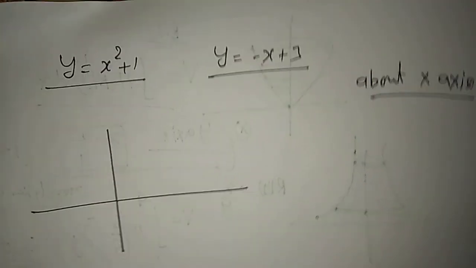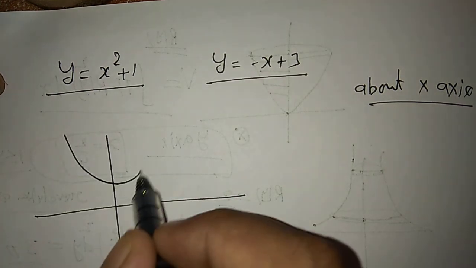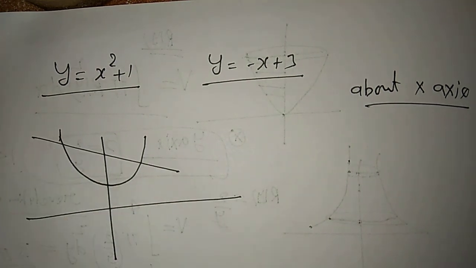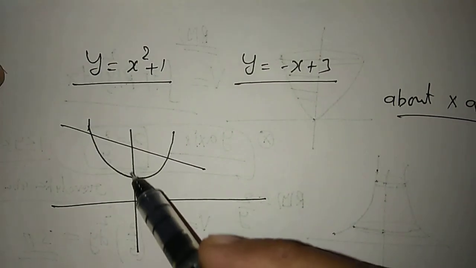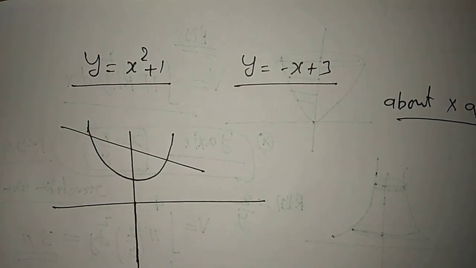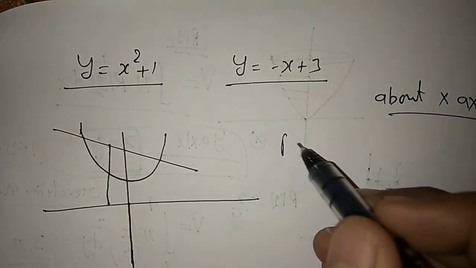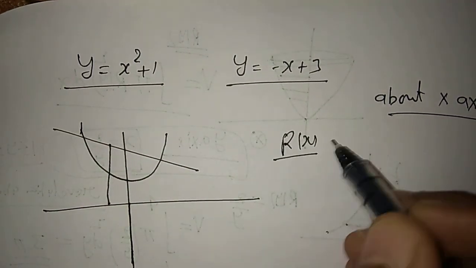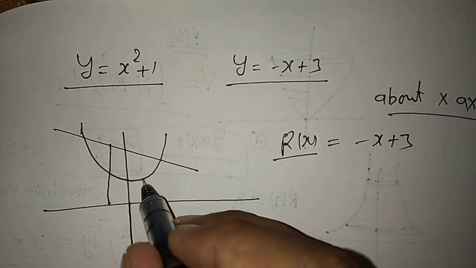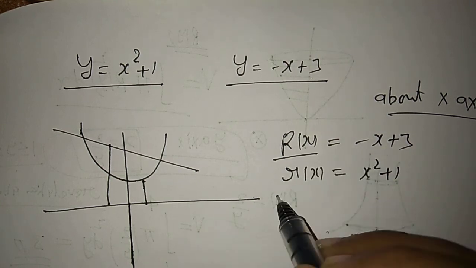Quickly we see, this is your parabola and this is your line. We are rotating along the x-axis, so we get a solid which has a hole. What is the outer radius? The outer radius is the line, capital Rx equal to minus x plus 3, and the inner radius is small rx equal to x square plus 1.